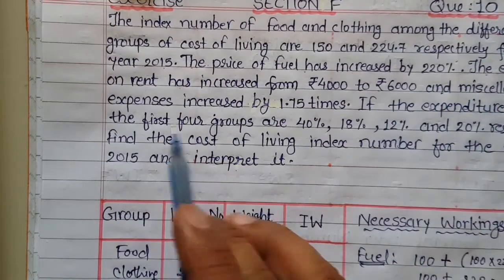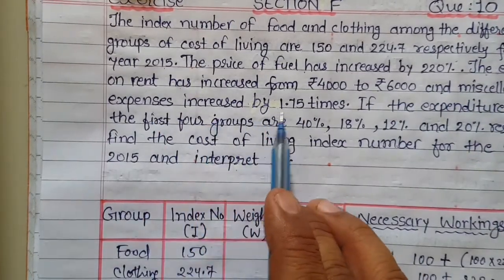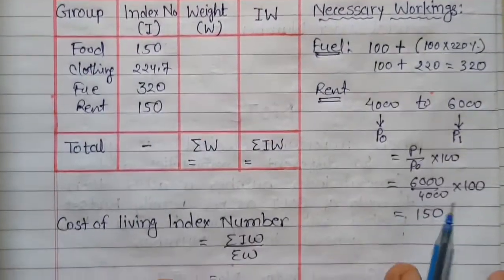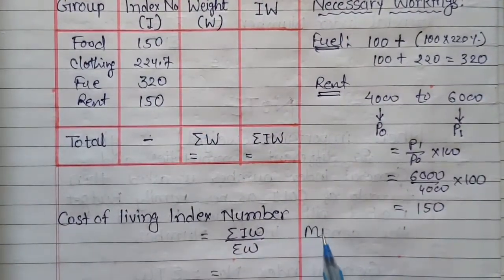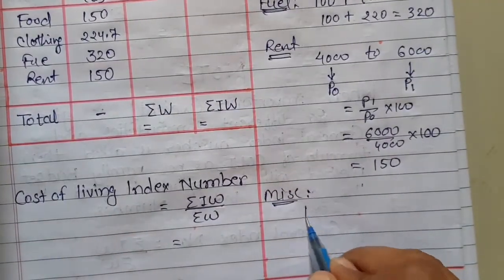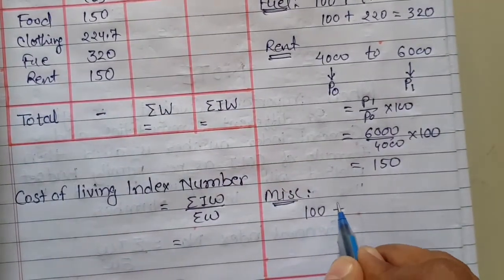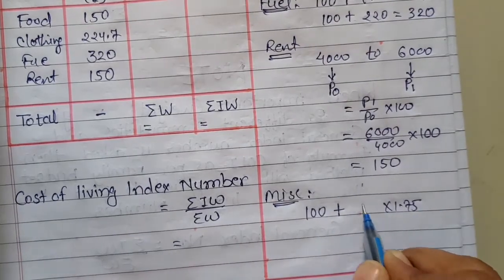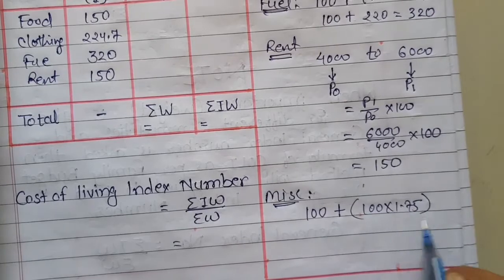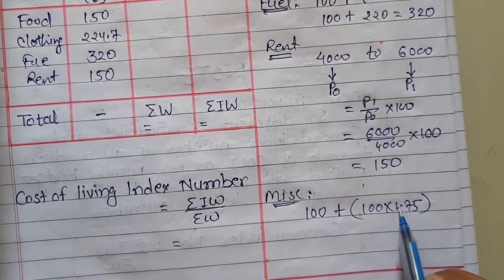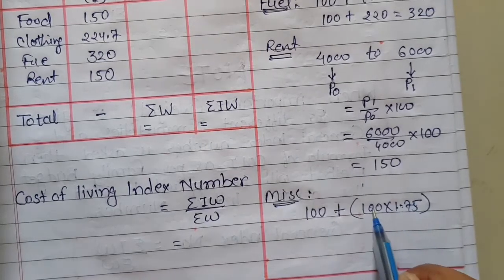Now miscellaneous expenses increased by 1.75 times. So again I am showing here calculation for miscellaneous. We can assume the earlier price was 100, they have increased by 1.75 times, but of what? Of the base year price only, means it has been increased by 1.75 times of the base year price.